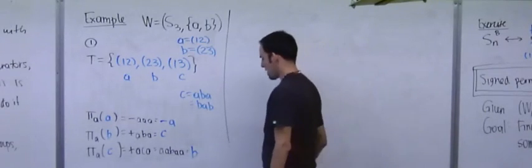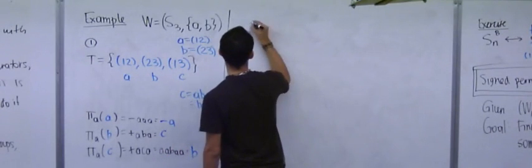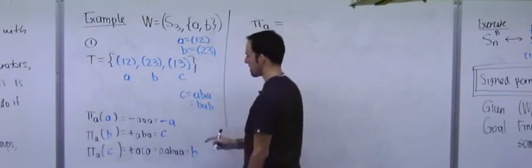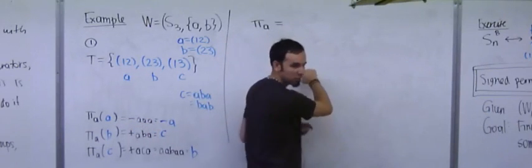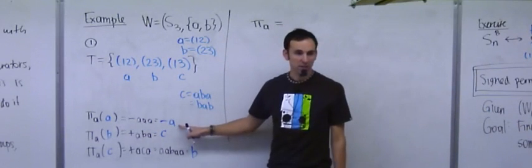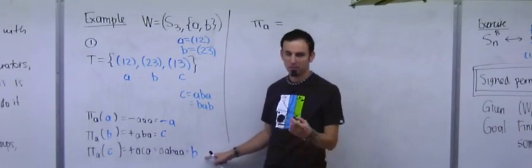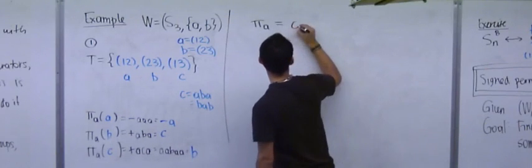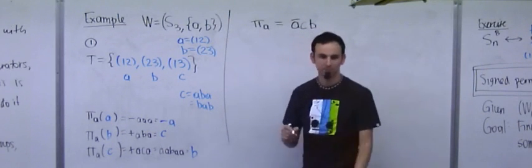Okay. So that means that pi sub A is the permutation which, in the notation that I just erased, we can write in one-line notation as minus A, C, B. But just so it's a little bit more concise, we write the minus on top.